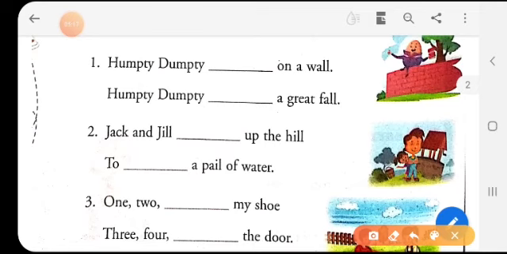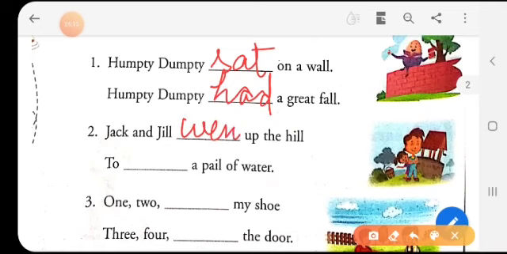Humpty Dumpty sat on a wall. Humpty Dumpty had a great fall. Then another poem is Jack and Jill went up the hill to fetch a pail of water.